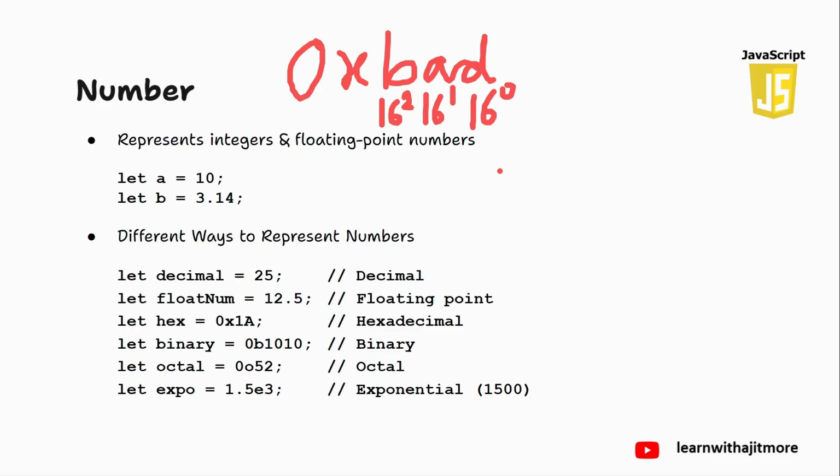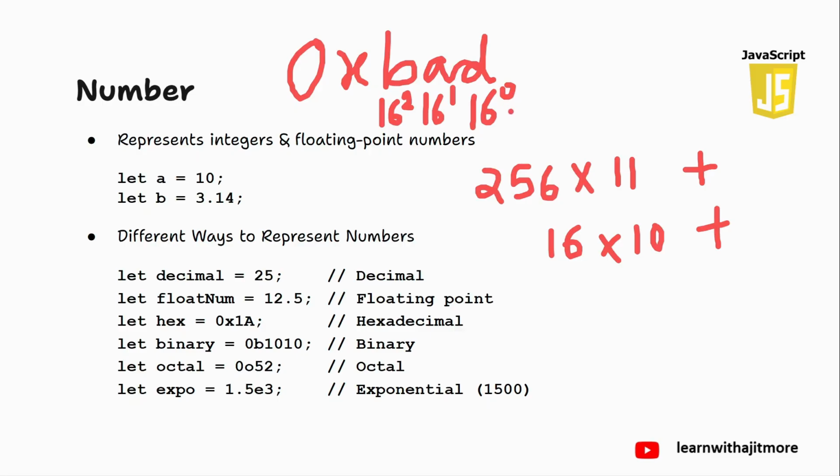Now 16 raised to 2 means 16 square. 16 square is 256 into B is 11, plus 16 raised to 1 is 16 into A is 10, plus 16 raised to 0 is 1 into D. D is A, B, C, D. It is 13, right? Now find the answer.